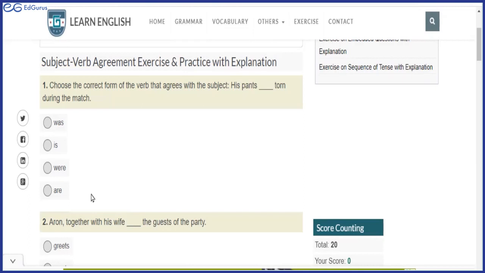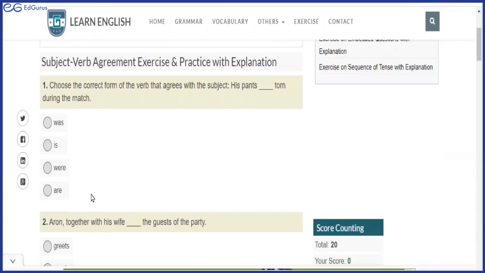Why do you say was? Ma'am, because his pants only is referring to his singular, and the pants is the pair of. So is it given here pair of pants? Pair of trousers, pair of pants, pair of pajamas.